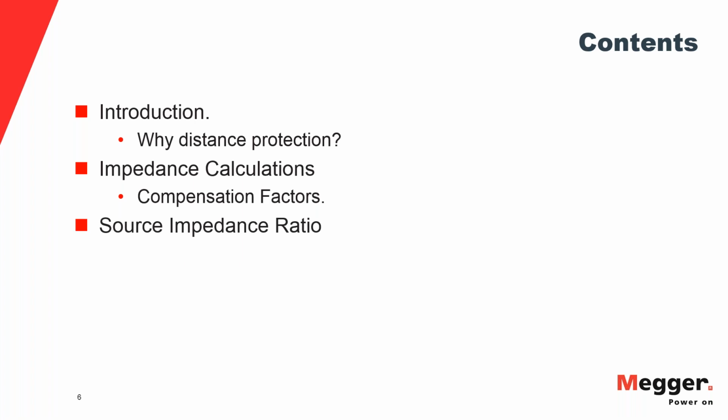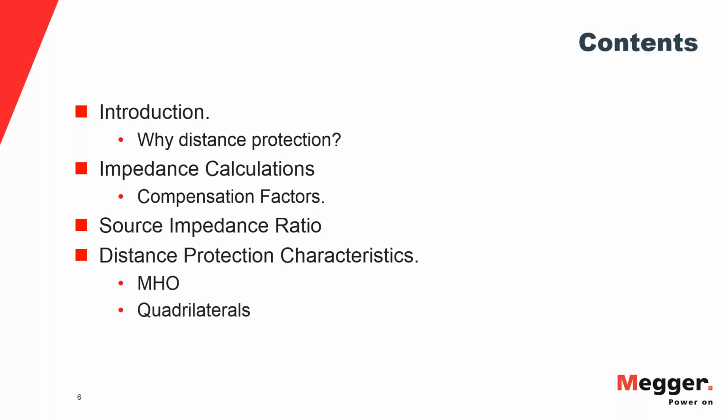We will be talking about the source impedance ratio, what that means, and what influence it has on the protection of lines using distance protection systems. And we will then talk about the characteristics of distance protection, the most used ones, namely the mho characteristics and the quadrilaterals.